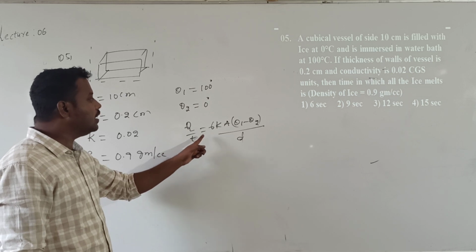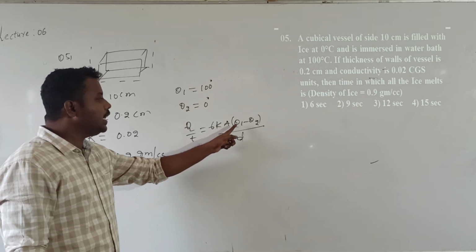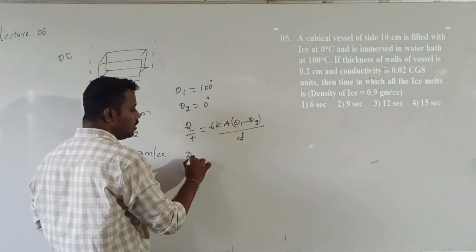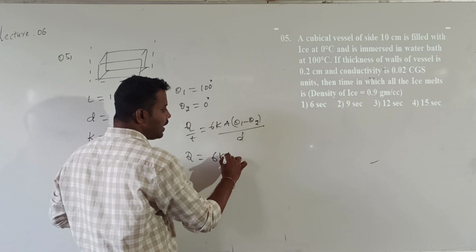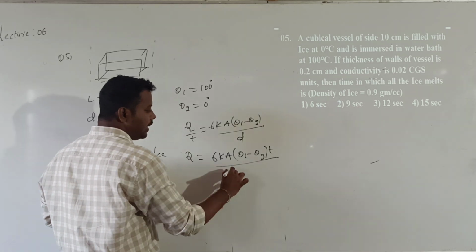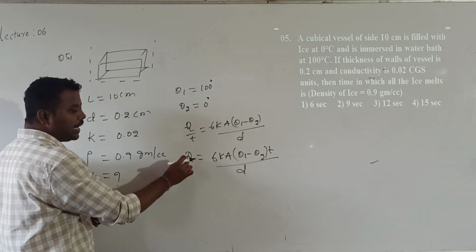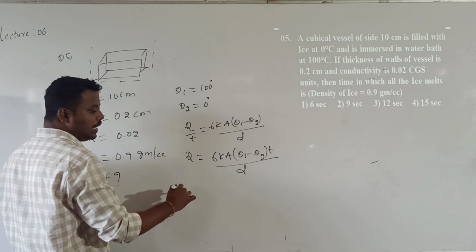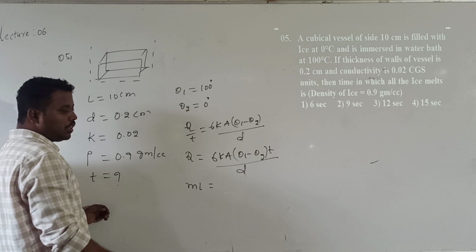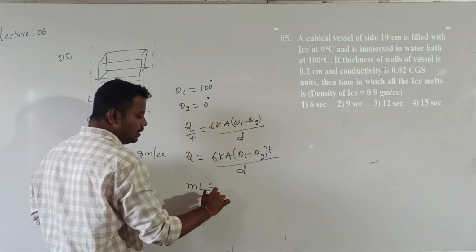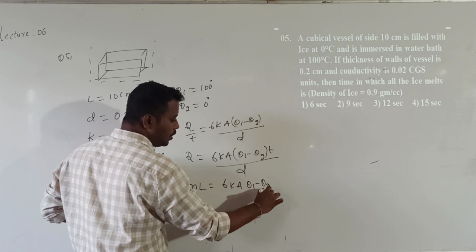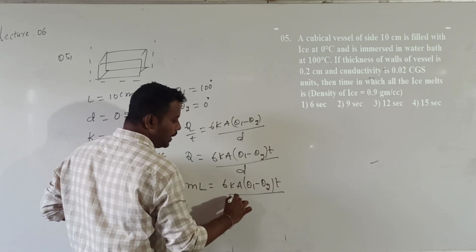That's why the formula is 6 into K into A into theta 1 minus theta 2, divided by D. Then Q is equal to 6 into K into A into theta 1 minus theta 2 into t divided by D. This heat supplied is utilized for melting of ice. We know the latent heat formula: Q is equal to M into L, which is equal to 6 into K into A into theta 1 minus theta 2 into t divided by D.